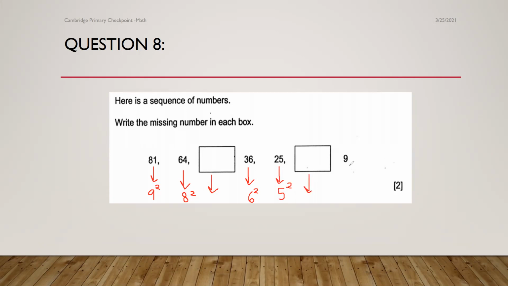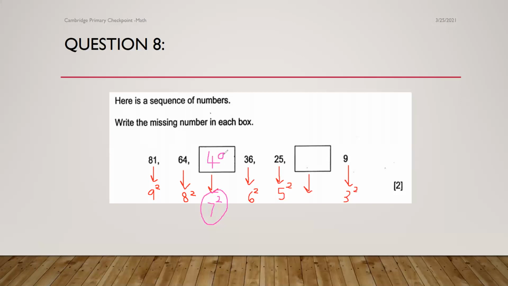Now you can see 9 means it's 3 squared. Now you can identify the pattern correctly. 9, 8, then this should be 7, right? So it should be 7 squared. So we know what is 7 squared. 7 times 7, it should be 49.